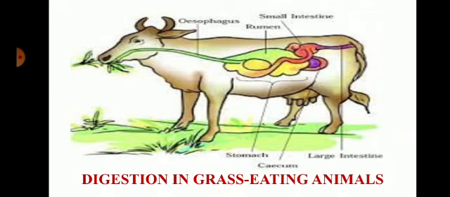Plants contain cellulose in large quantities. Cellulose is a complex substance which is broken down into simpler particles in the rumen.